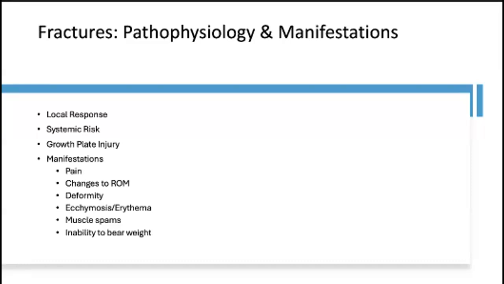Growth plate injury: if we have an injury of the epiphyseal plate from a fracture, it could lead to growth disturbances or a limb length difference. So we just need to be mindful of that and make sure that those kids are getting appropriate follow-up.